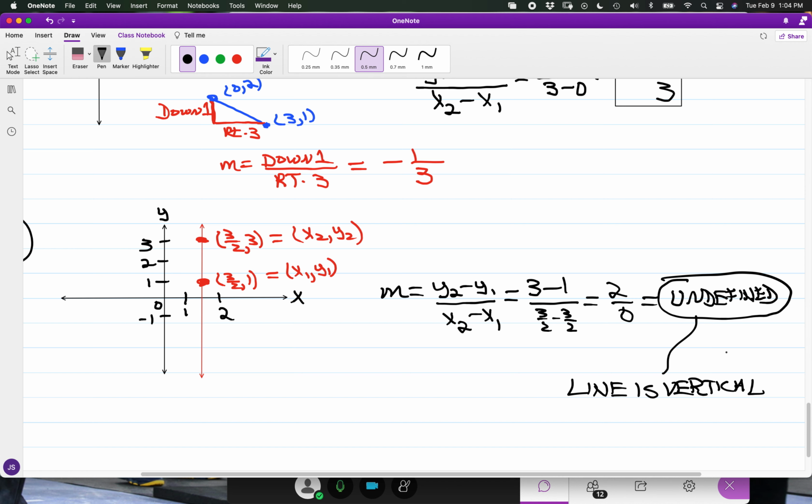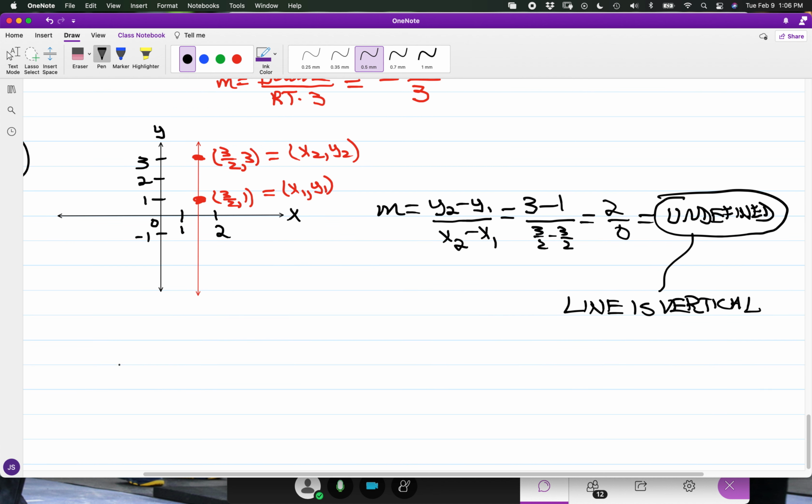Okay. Now I had mentioned yesterday we will be looking into various types of equations, many of which are going to have the slope as the foundation. And one of which is what will be regarded as the point slope form of a linear equation.